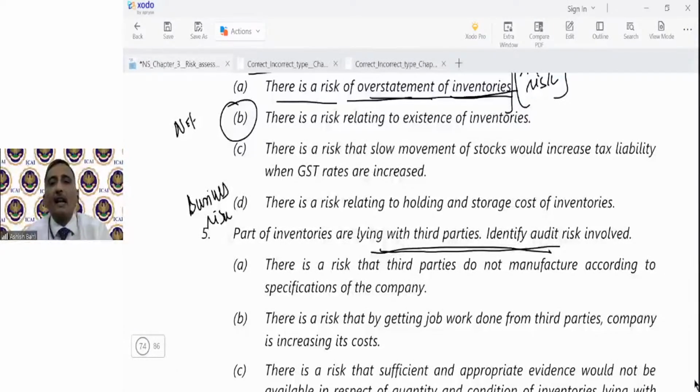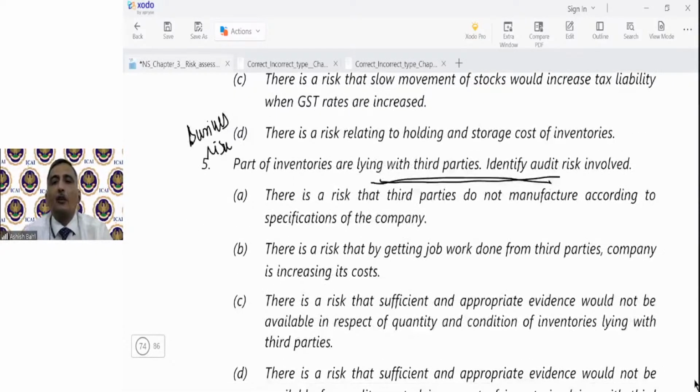Okay, so identify the audit risk involved. So what could be the audit risk here? Yes, what could be the audit risk here?